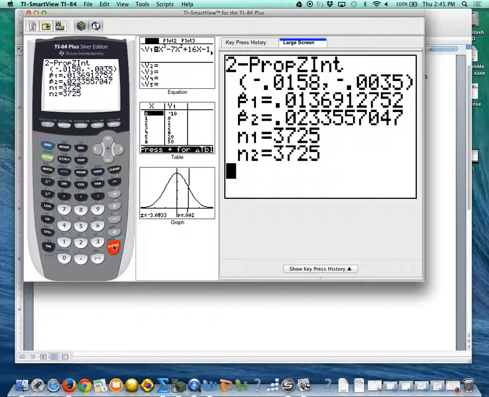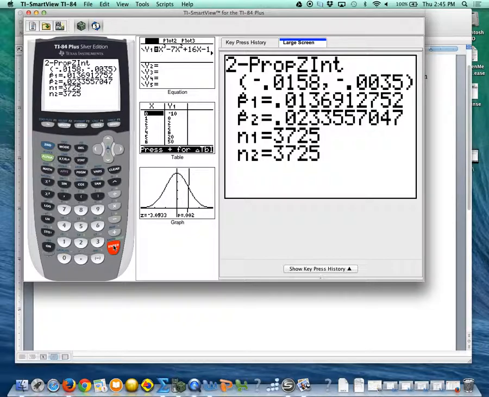Based on this interval, do you think that there's a significant difference in the heart attack rates? Yes. It's basically the last question on your quiz yesterday. Is there a difference in the heart attack rates? Yes. Why? Because 0 is not in the interval, and 0 would indicate the possibility of no change.